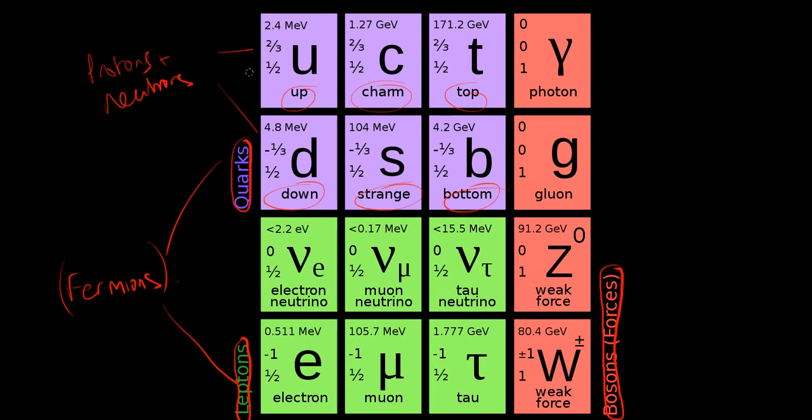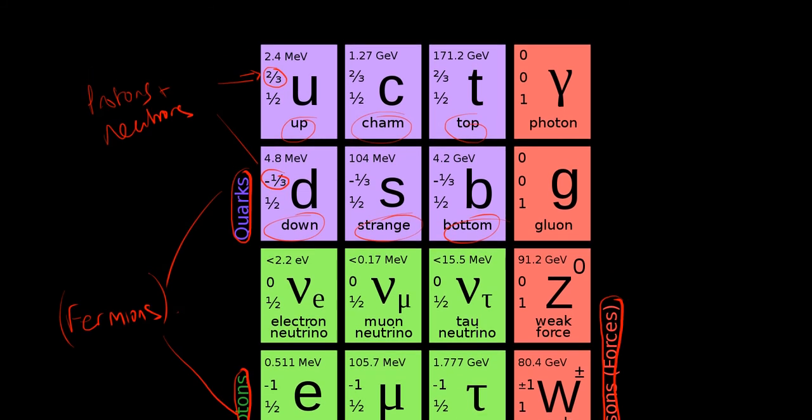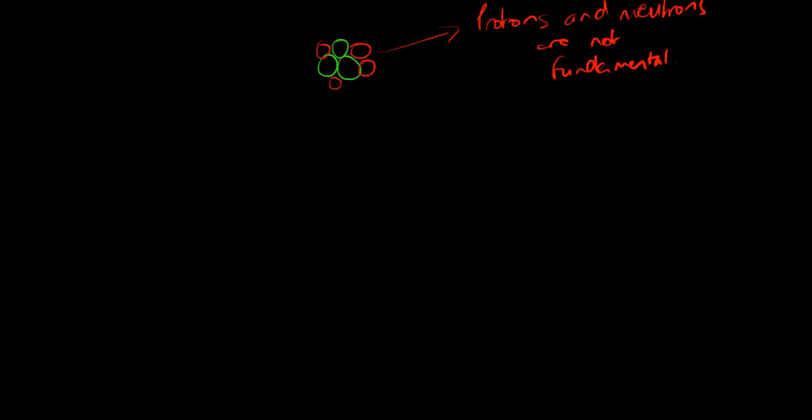If you have a quick look at the top at this level, you'll see that the charges are mentioned. These are charges, by the way. And you'll see that the up and down quark have different charges, as do the charm, strange, bottom, and top quarks. And using this information that we have of the up and down quarks, we can then work out what makes up protons and neutrons. Okay?